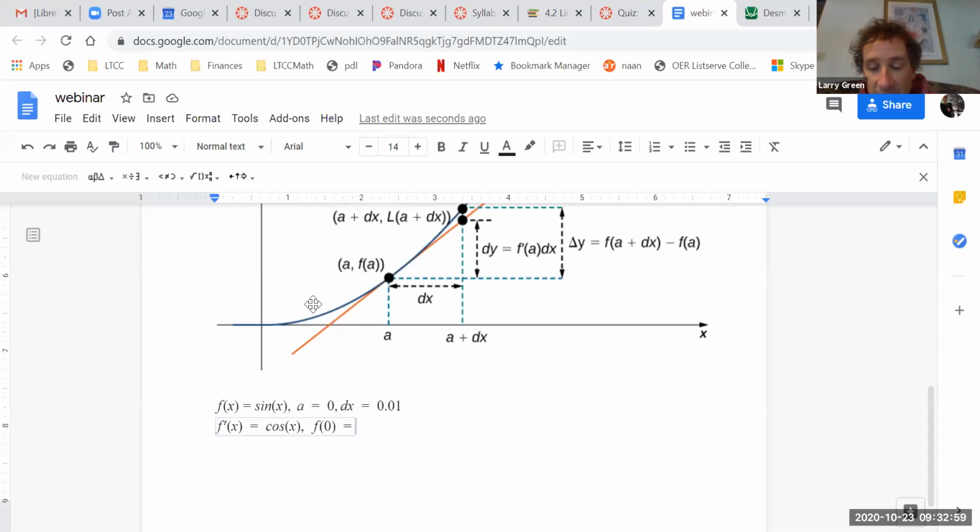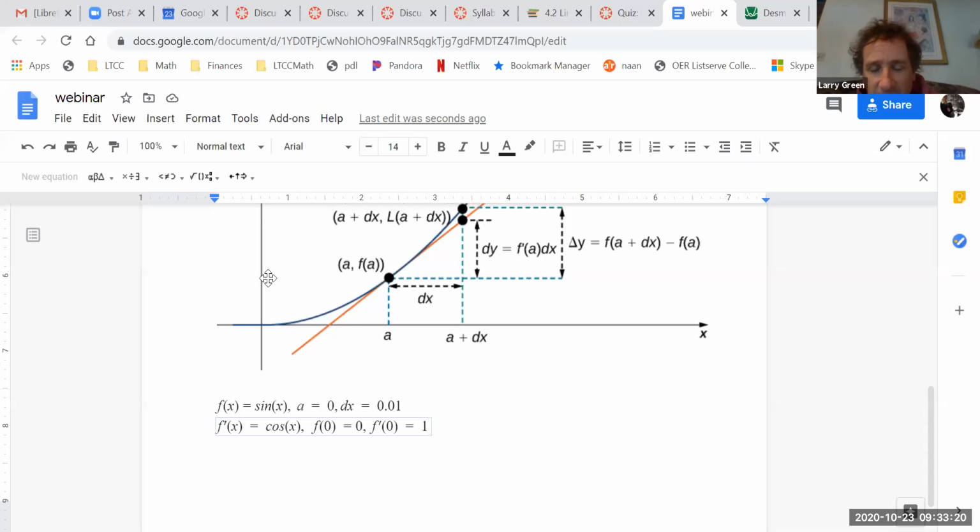Yeah, f of 0 is 0. And what is f prime of 0? Should also be pretty easy. Yeah, that's 1. Cosine of 0 is 1. Any questions so far?